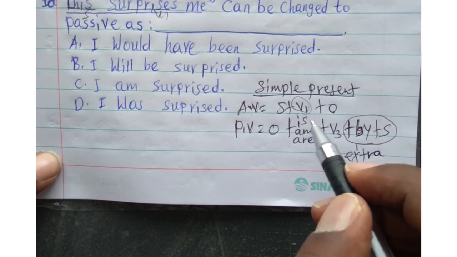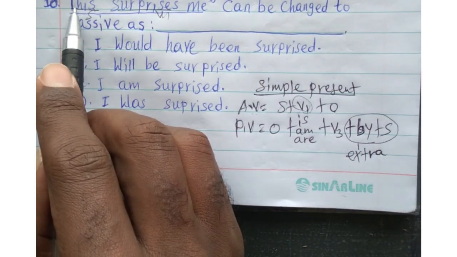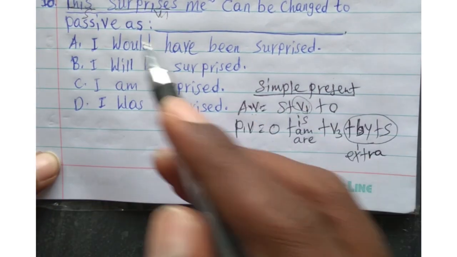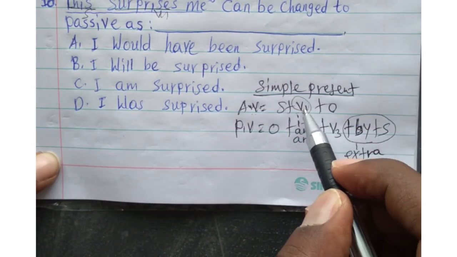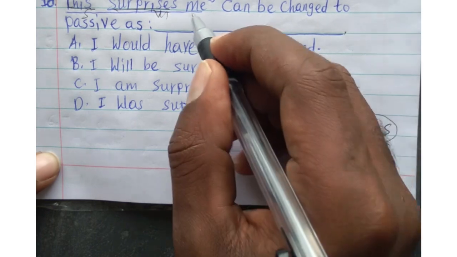What is the subject in the active voice? This. This is the subject. And what's the verb 1? Surprises. And the object, me.